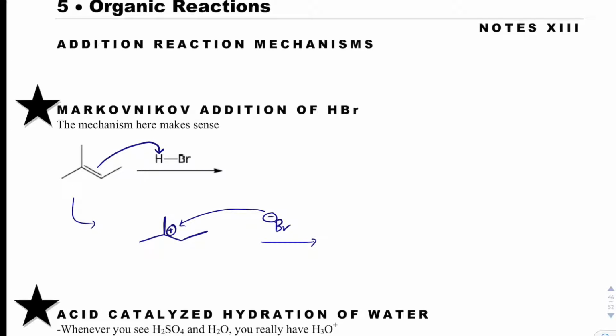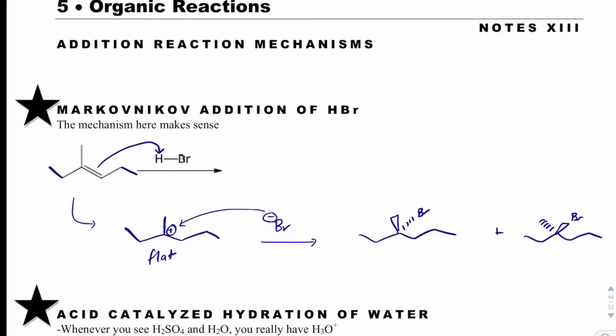Let me change this to this structure, because what we're going to see is, because it was flat at one point, we are going to get a wedge methyl and a dash bromine plus a wedge bromine and a dash methyl.